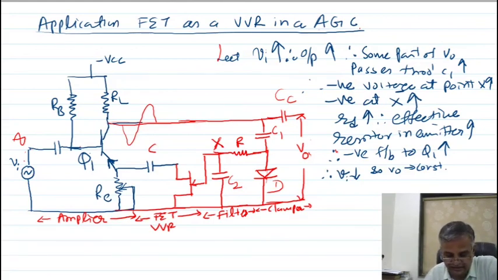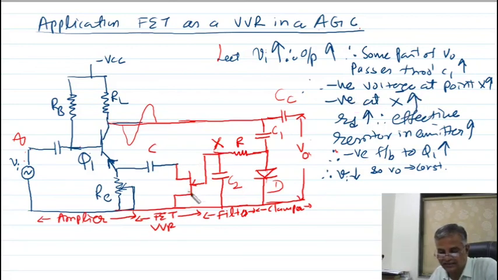Look again, last time. This is input Vi. Suppose this increases. The output of the amplifier increases. Some part of this output passes to C1 and also increases. After clamping and filtering, the negative voltage at X increases.